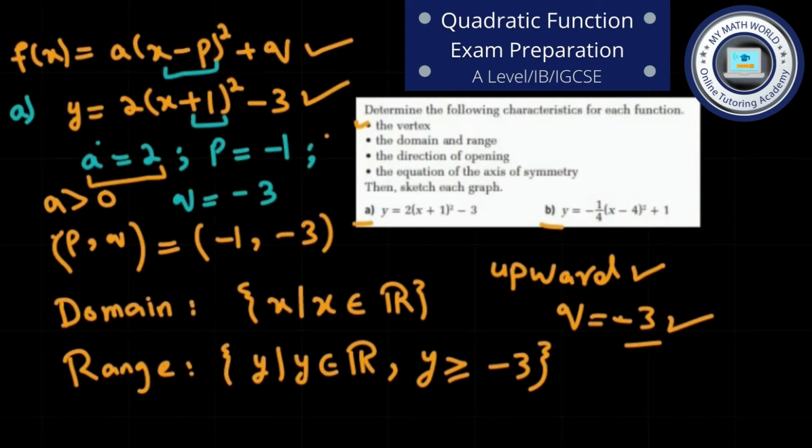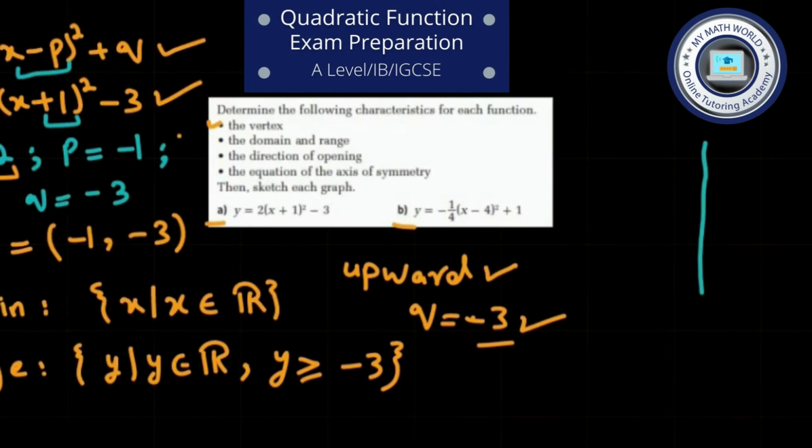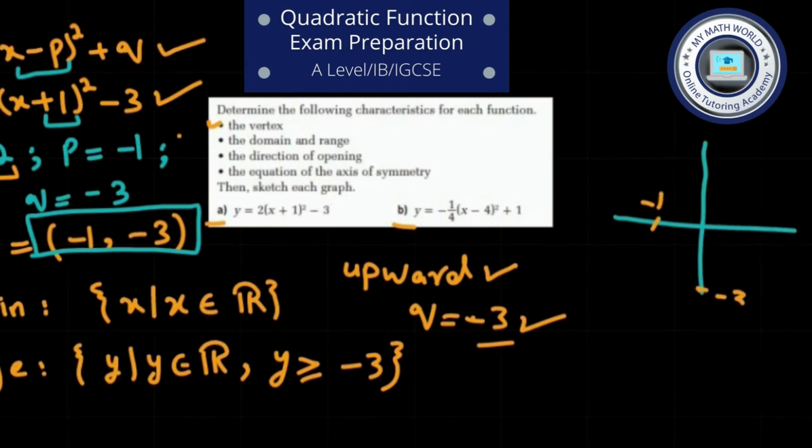Because through the graph we will also consider the axis of symmetry. So for the graph we have to consider the vertex which is over here. This is the vertex, (minus 1, minus 3). This minus 1 is on the x-axis on the negative side, so it's minus 1 which is over here, and let's say minus 3 is over here.